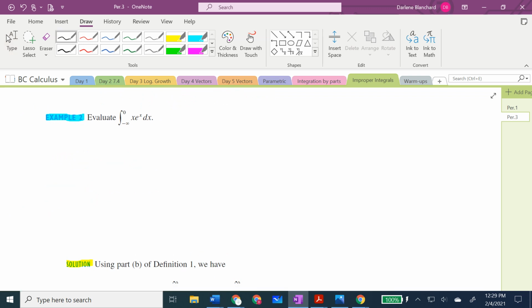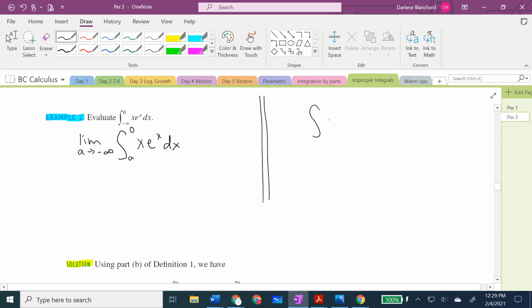This problem is going to start by changing this to a limit. I'm going to bring this integral over to the side as an indefinite integral and solve it.